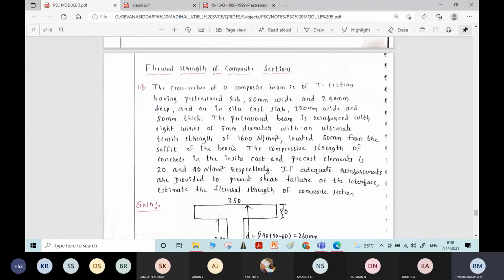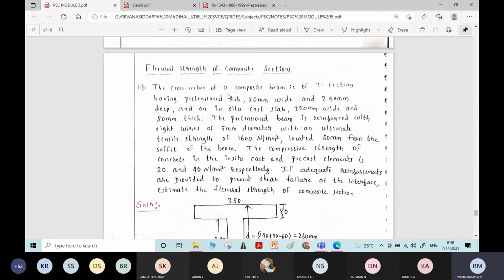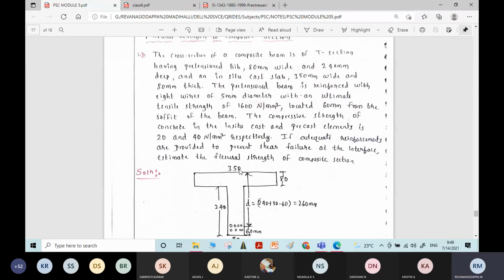You just go through the problem. The cross section of a composite beam is of T section having a pre-tensioned rib 80 mm wide and 240 mm deep, and an in situ cast slab 350 mm wide and 80 mm thick. The slab dimensions are given, beam dimensions are given.